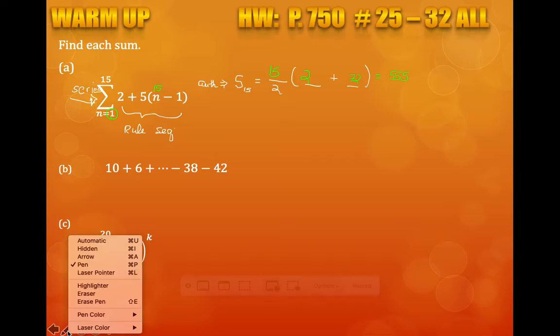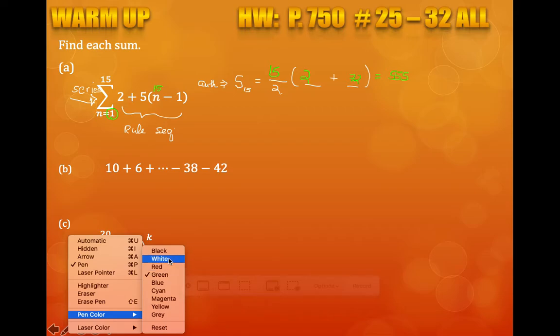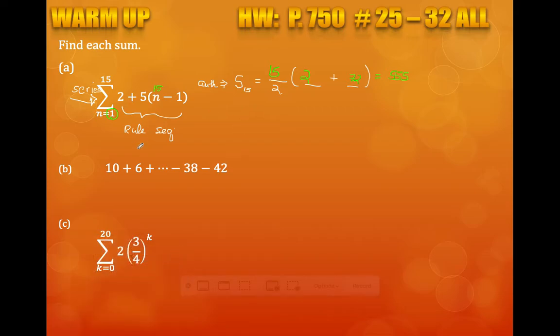The next one is a little annoying, right? Because they haven't given me the rule, I have to figure it out. So I have to look at this and say, is this a common difference or a common ratio? Right, I'm not sure. So 6 minus 10 is negative 4, and of course 6 over 10 is 3/5.